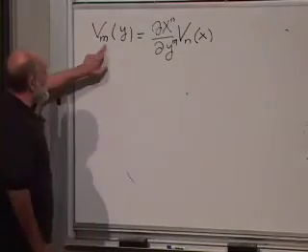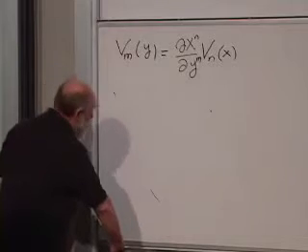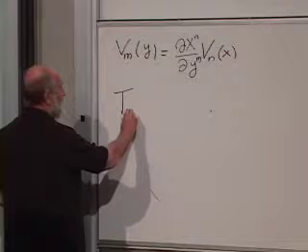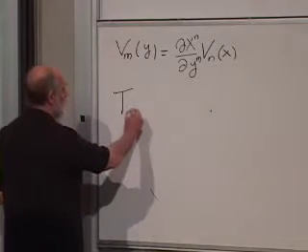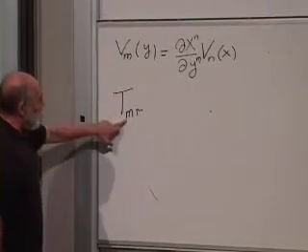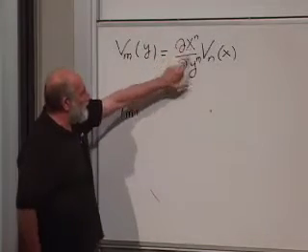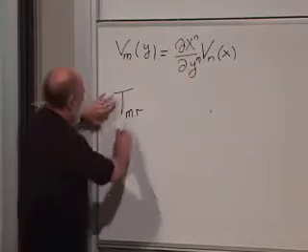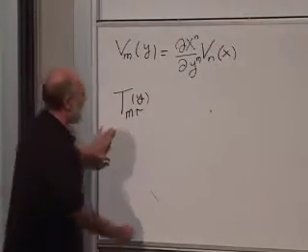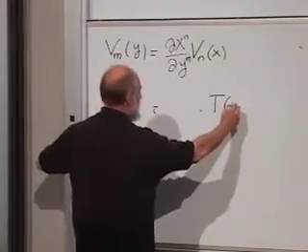Here's a transformation property of a covariant expression. Supposing I have a tensor with two indices, let's say m and r. Then the rule is that for each index, there's a factor of a dx by dy. Here's the way it works. This is t in the y coordinates. We're going to relate it to t in the x coordinates.